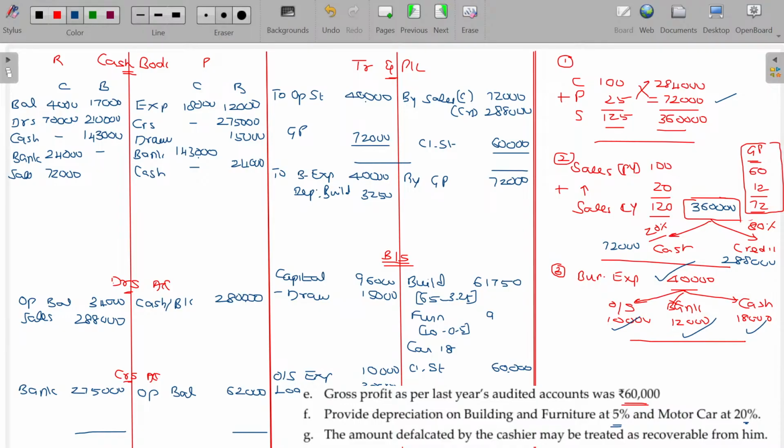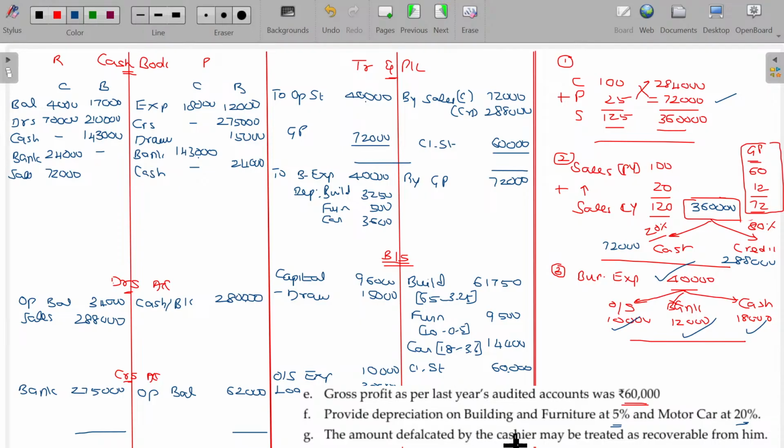This one being 9,500 for furniture. For motor car 20%, 14,400, and double entry being in P&L account, depreciation for the motor car being 3,600. Point E is also over.